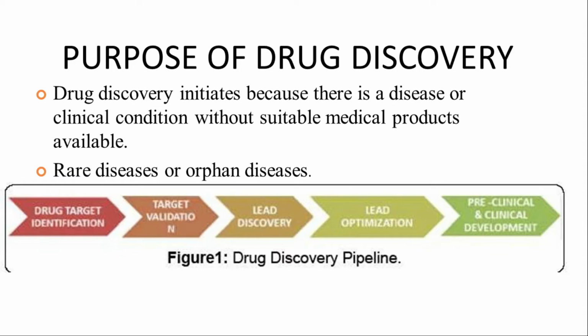Here the lead molecule is optimized, adjusted according to the need of the target, and after optimization of the lead molecule we pass it towards preclinical and clinical development for further studies. So this is the overall drug discovery pipeline summarized in arrow form.